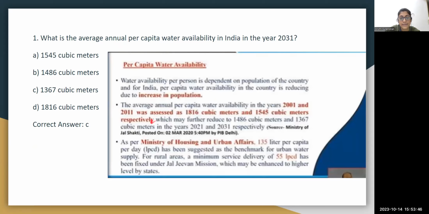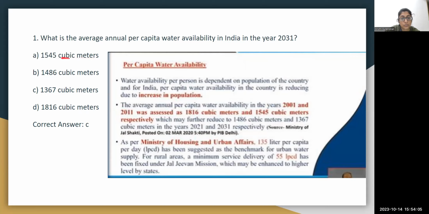1367 cubic meters. So you might want to focus on this portion, which gives us the average annual per capita water availability. For 2001 it was 1816 cubic meters. For 2011 it was 1545 cubic meters. So this value is for 2001.